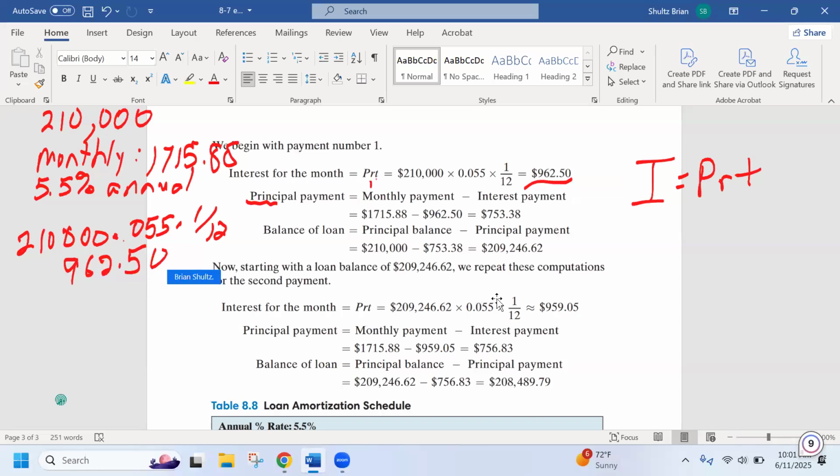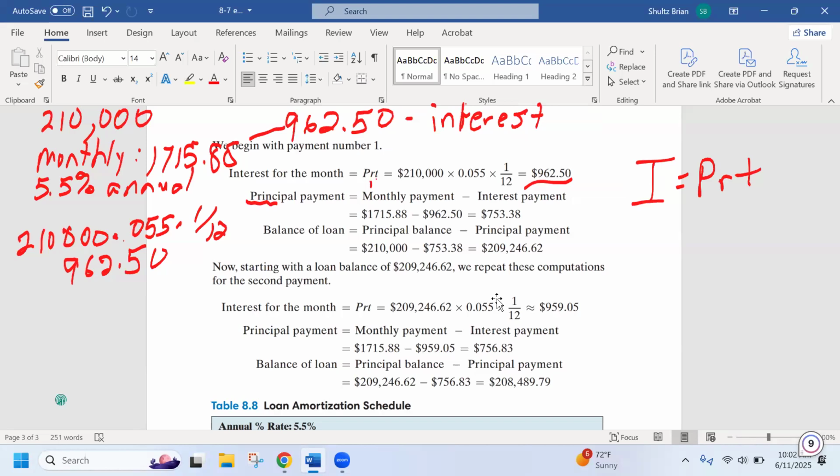$962.50. So of this $1,715.88, $962.50 is being paid in interest. The rest of it goes towards the principal, which drops my balance.